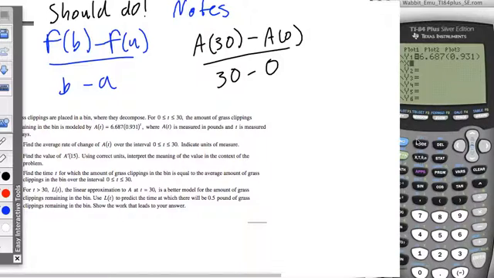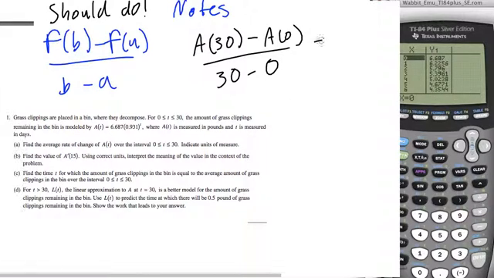So we're going to go to our table, and we can actually use our table for all these values. A of 0 is 6.687, which is also kind of obvious because it's the starting value of the function. So we can say this equals, all right, we know we're going to have 30 in the denominator. We're going to have minus 6.687.